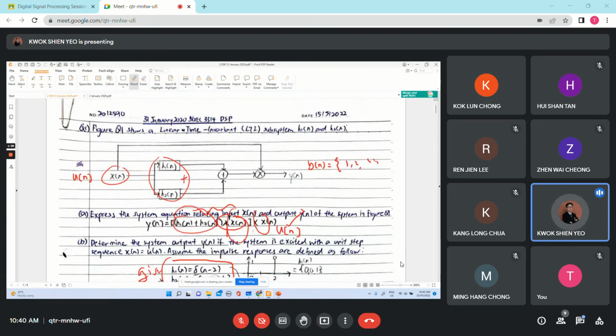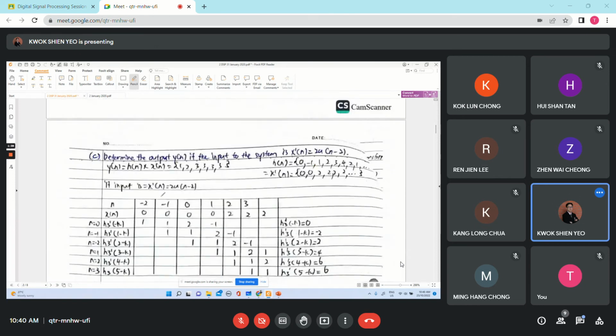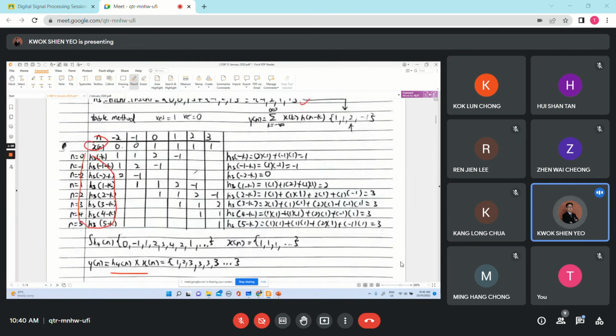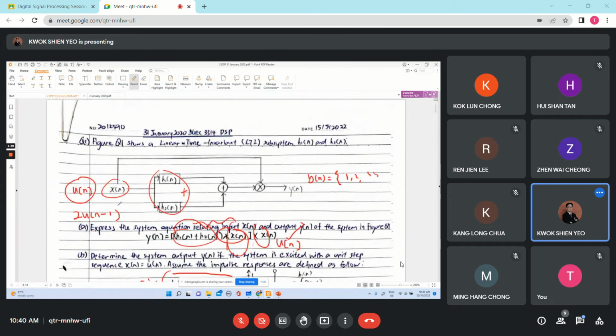So let's say now I change this to 2un minus 2. So what happens to my new yn? Because this is an LTI system, my yn would be 2yn minus 2.